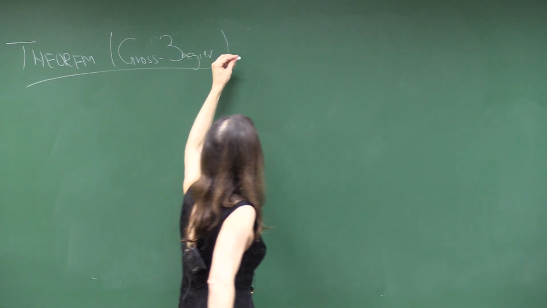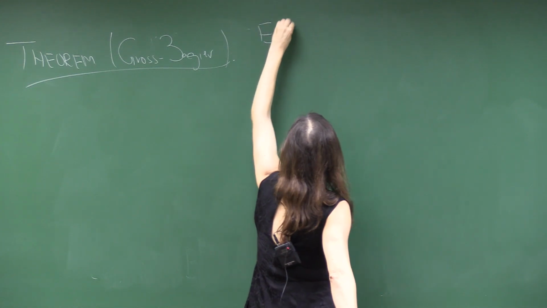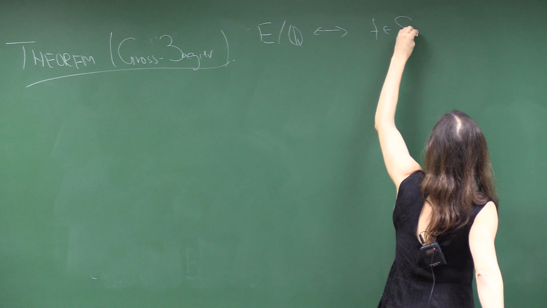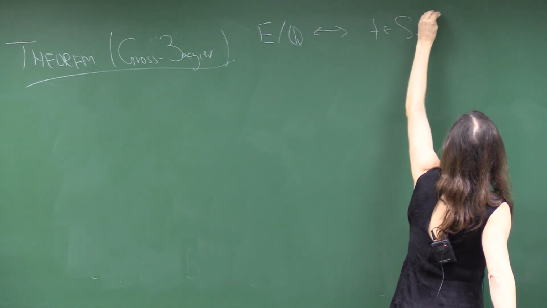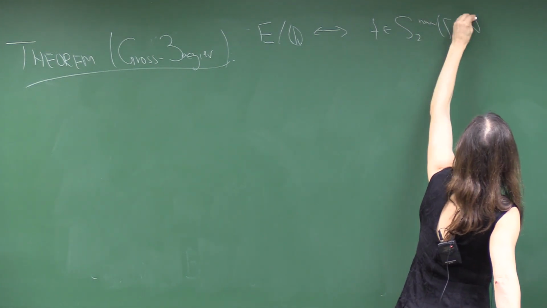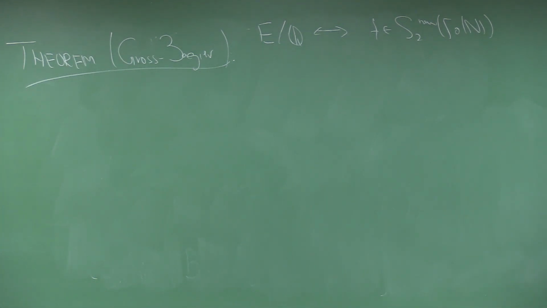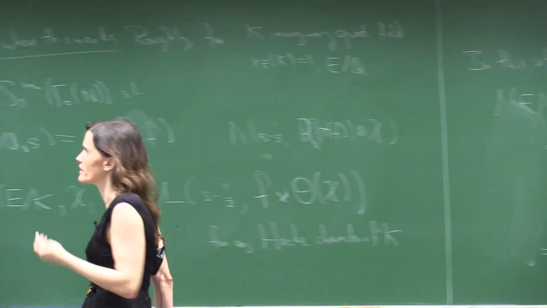So E is an elliptic curve defined over Q, parametrized by some modular form as above. I won't repeat the whole setup. So K is an imaginary quadratic field of discriminant prime to the level. The level is assumed to be square free and to have this decomposition.